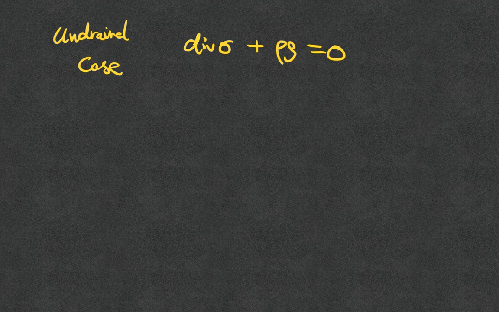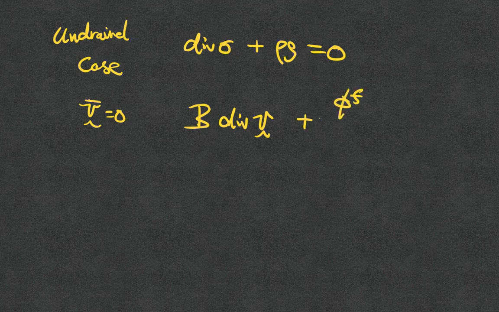Okay, in the undrained case, the relative velocity or the Darcy's velocity is actually equal to 0. So the balance of mass gives me this simplified equation: the Biot's modulus times Biot's coefficient times the divergence of v plus the pressure term is equal to 0.